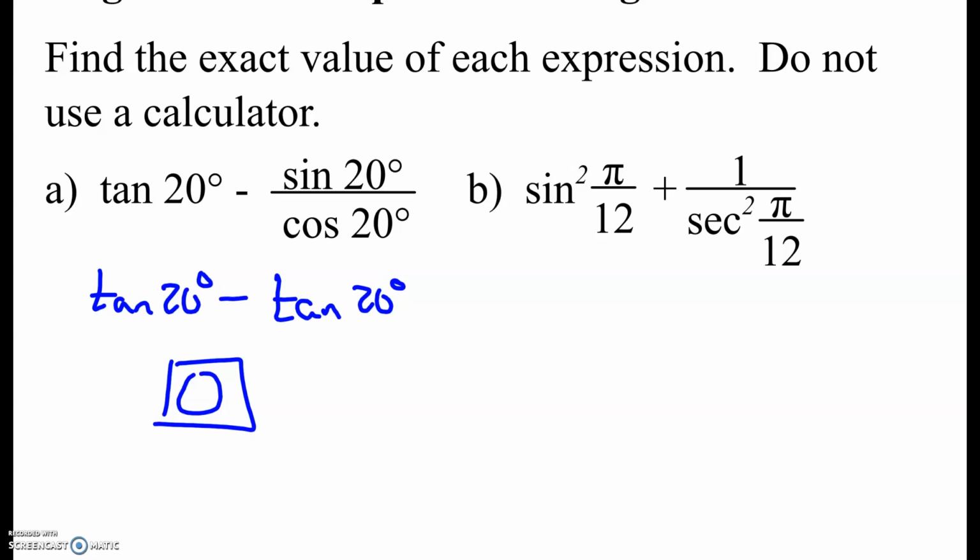On the second example, sine squared pi over 12 plus 1 over secant squared pi over 12. Well, 1 over secant squared would be the same as 1 divided by secant squared.